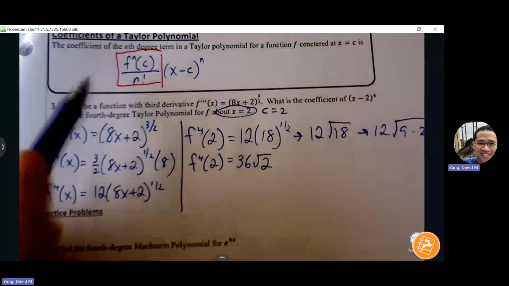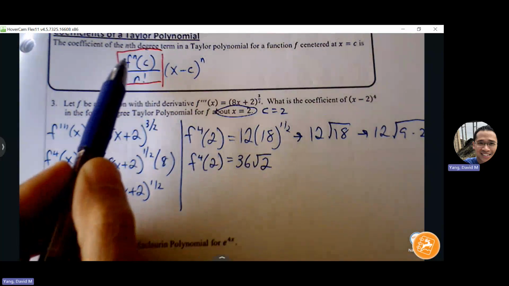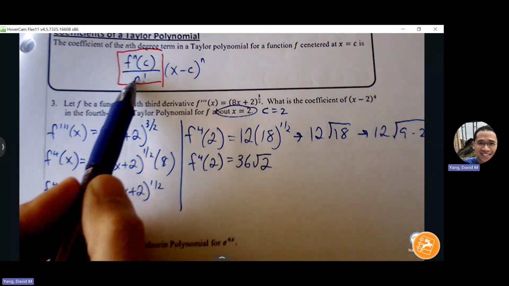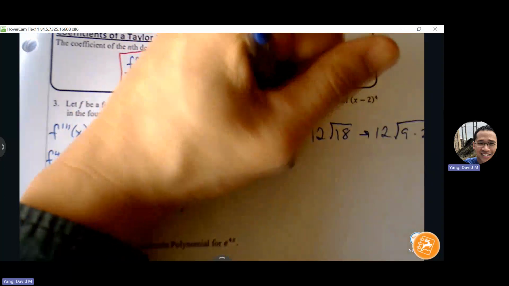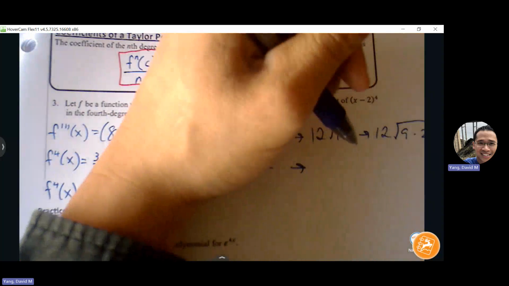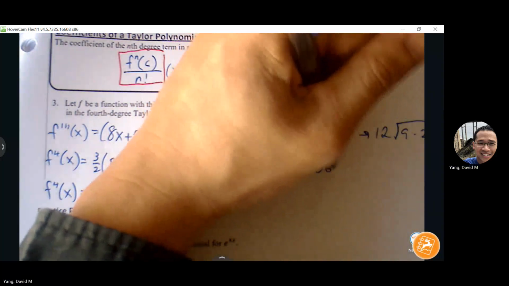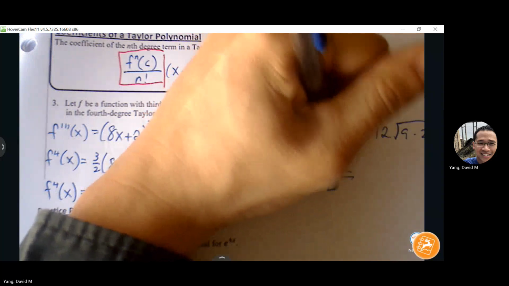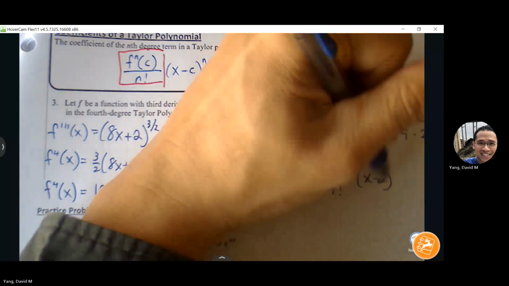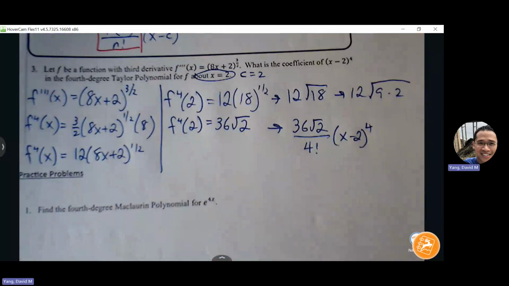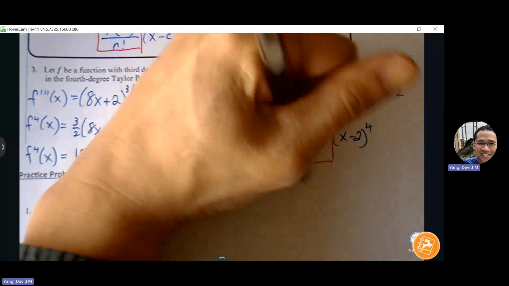So now, let me build out my entire fourth term. So this divided by 4 factorial times x minus 2 to the fourth. I'm just going to write everything out, and then we can pull the factorial, pull the coefficient out. Okay, so this is my entire term, but if it's just asking for the coefficient, this is all I need to pull.